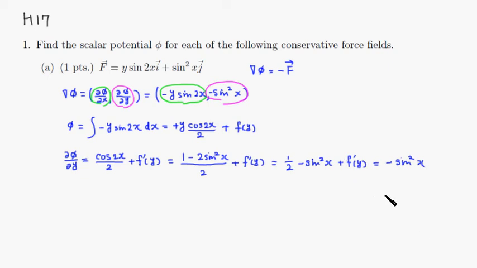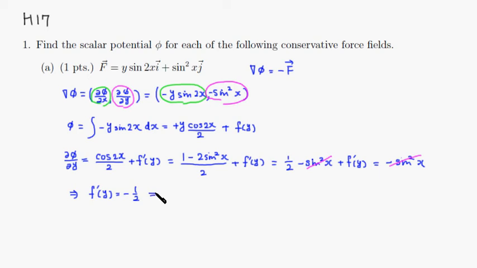Which means that here we can cancel negative sine squared of x, negative sine squared of x. So this tells you that f prime of y is going to be, putting this over to the other side, negative 1/2.